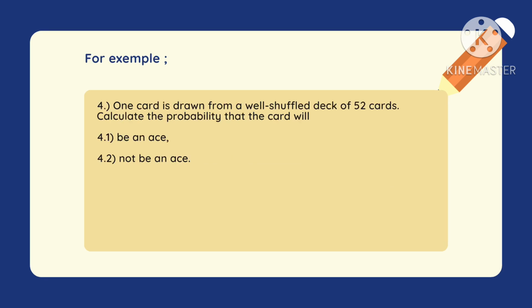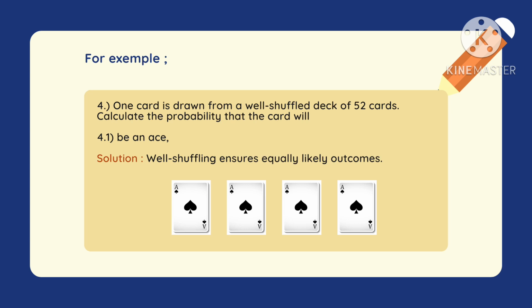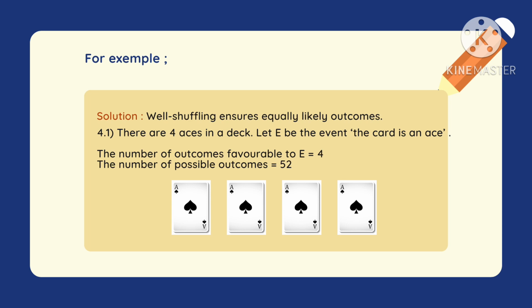For example 4, one card is drawn from a well-shuffled deck of 52 cards. Calculate the probability that the card will be 4.1, an ace, and 4.2, not an ace. Let's start with the first, 4.1, an ace. Solution. We are solving using equally likely outcomes. There are 4 aces in a deck of cards.